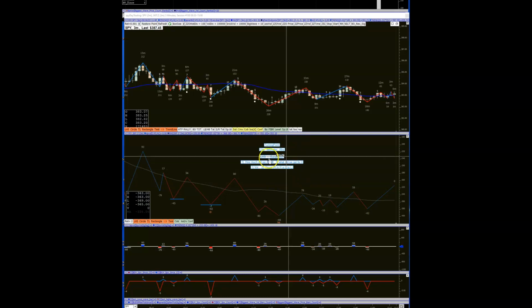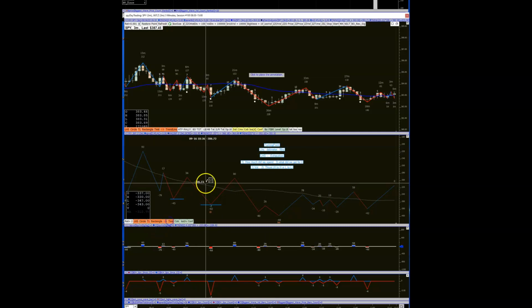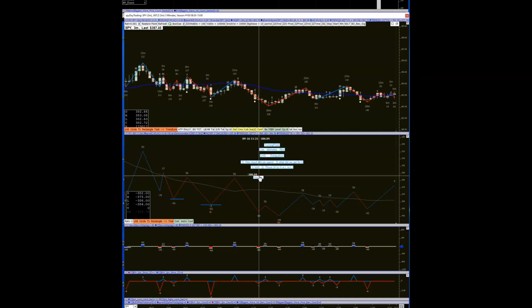Now let's put that in the context of exhaustion, which is what I was talking about up here. What are the possibilities? Now you have to think about scenarios. The scenarios are volume is either increasing or volume is decreasing.